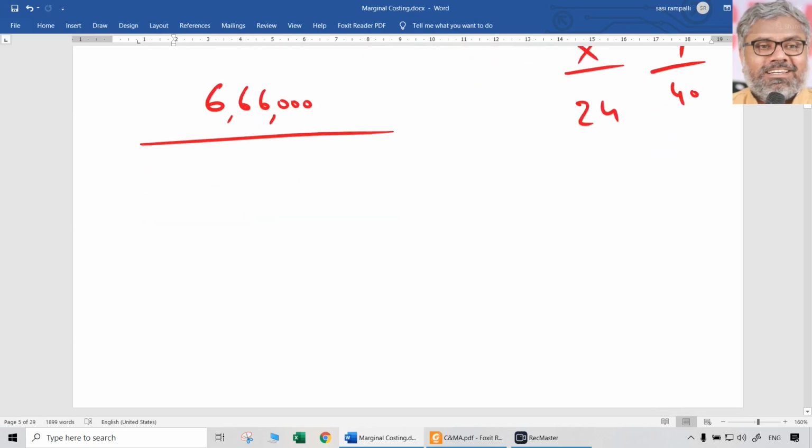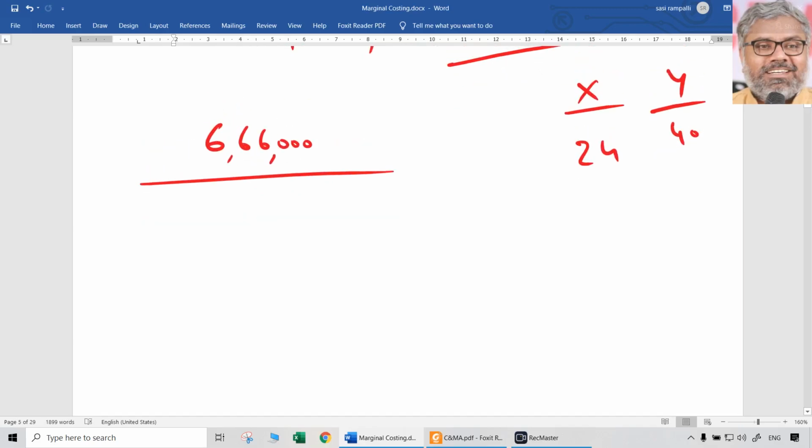But they are not going to be sold just like that. They are going to have a sales mix of 7:3. And we should find out what is the composite contribution per unit. How to find out? Simply take the weighted average of them. How can that be calculated? 24 into 7 by 10 plus 40 into 3 by 10.